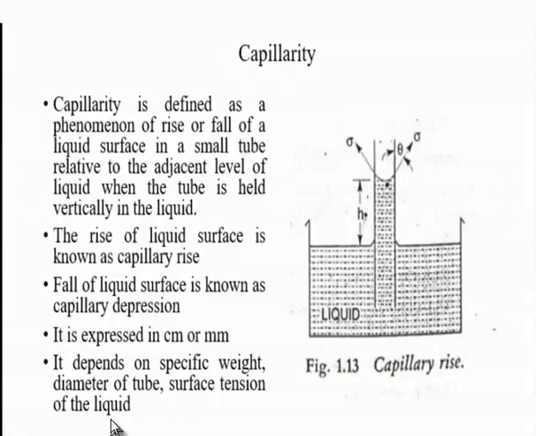So this property, capillarity, depends upon these three parameters: specific weight, diameter of the tube, and surface tension of the liquid. The rise and fall of the liquid surface when one vertical tube is kept in the liquid is called capillarity.